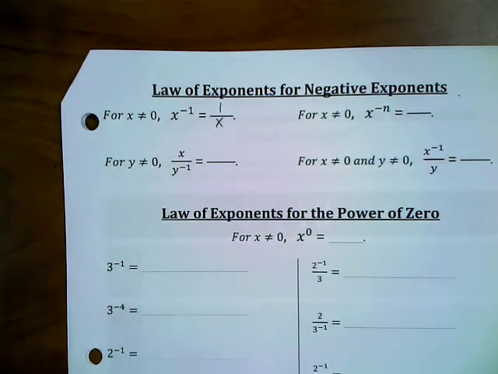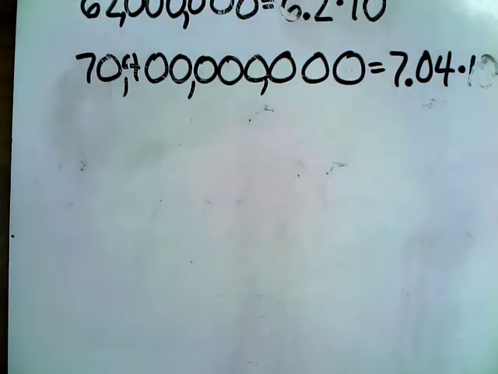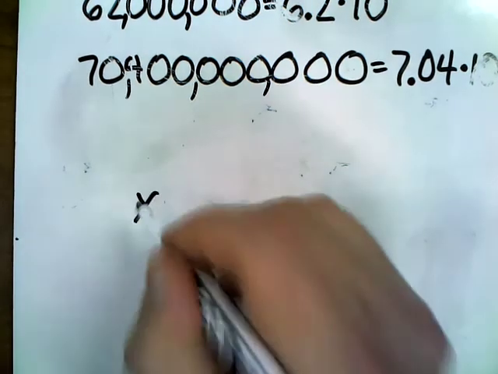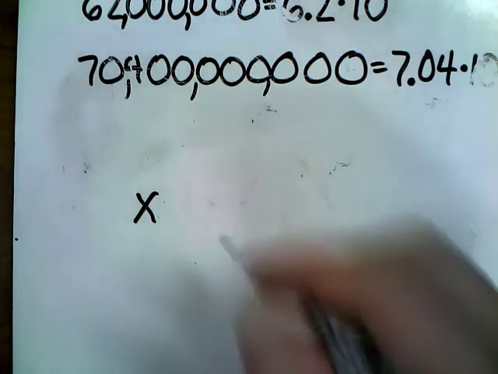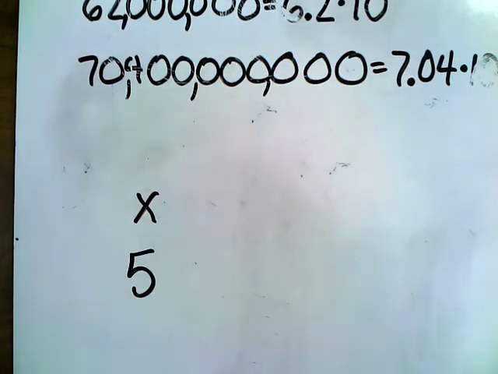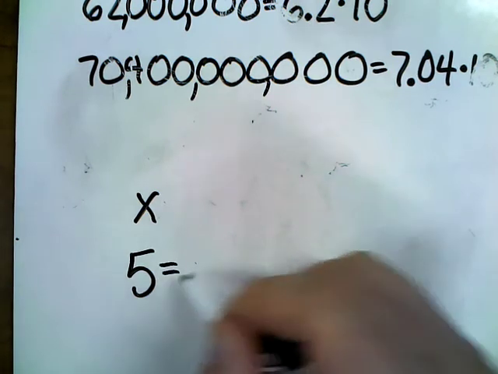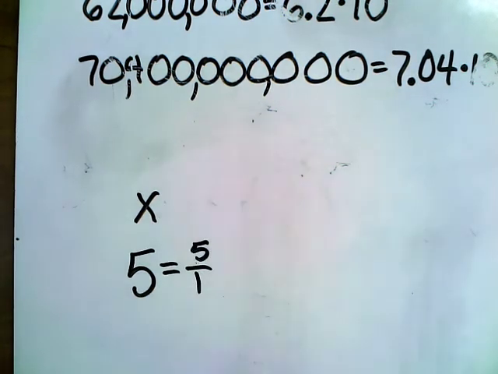And so to help you understand what's going on here, if I look at my dry erase board again, if you think of x, if you think of a variable, variables are almost like whole numbers. So just like if I had 5, I could turn that into a fraction and make it 5 over 1.